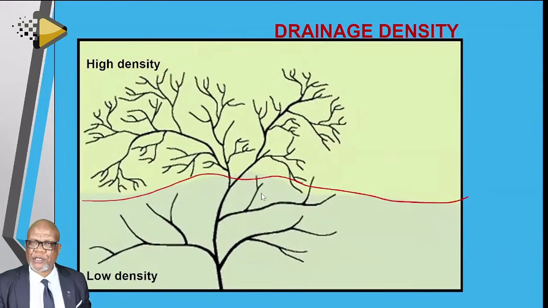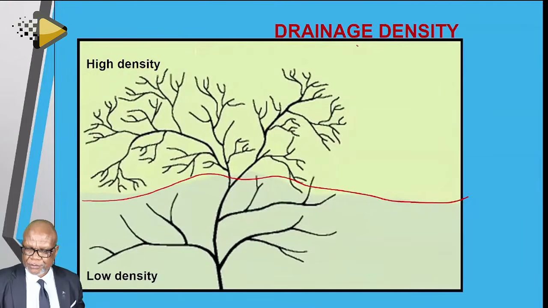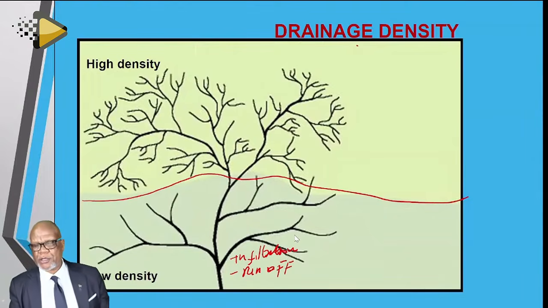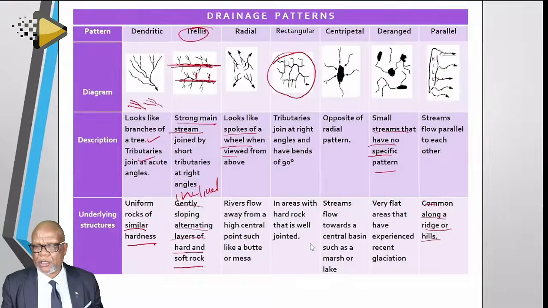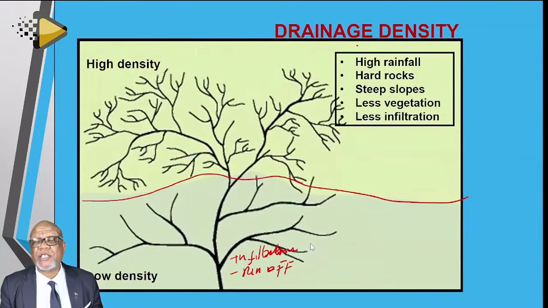There are two processes that are responsible for drainage density. Number one is infiltration, and the second one is runoff. These are the two processes that influence drainage density, runoff and infiltration.